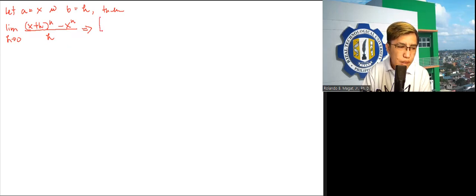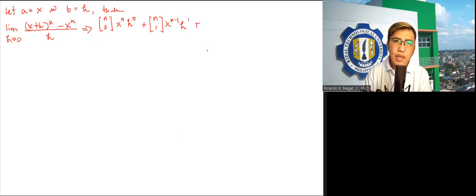what we have there is n choose 0, x raised by n, then h raised by 0, plus n choose 1, x raised by n minus 1, h raised by the first power, plus up to plus n choose n, wherein we have x raised by n minus n and h raised by n.